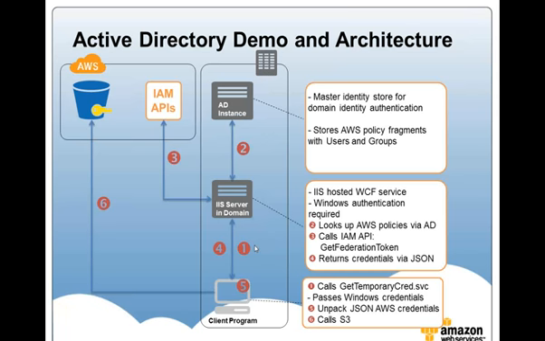So the first thing he's going to do is make a request out to an IIS server, which is where this session proxy service lives. This is based on the sample code that shipped with the launch.